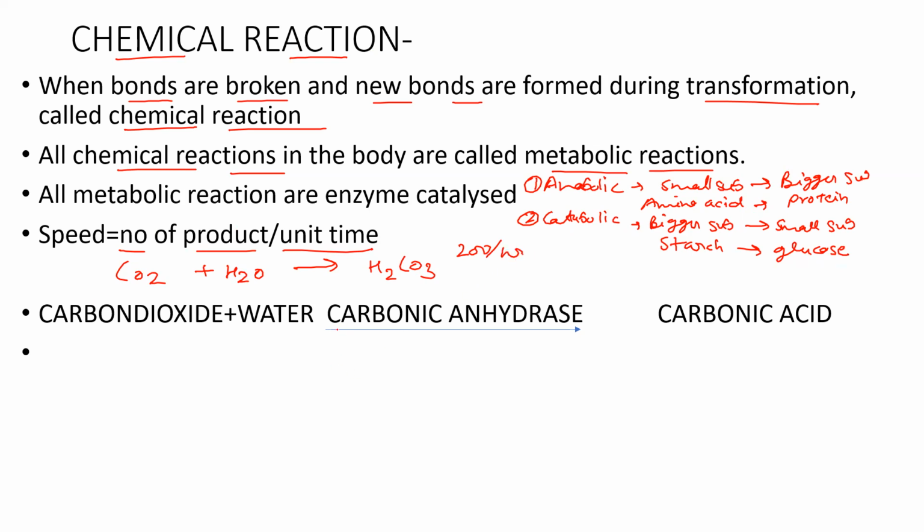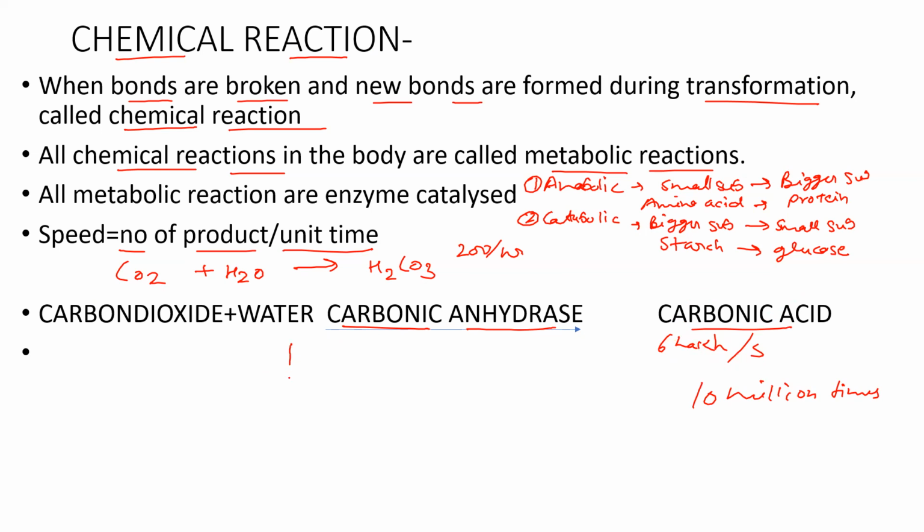But when an enzyme, carbonic anhydrase, is involved in this reaction, 6 lakh molecules of carbonic acid are produced per second. So the speed of this reaction becomes 10 million times higher. That's how enzymes speed up chemical reactions.